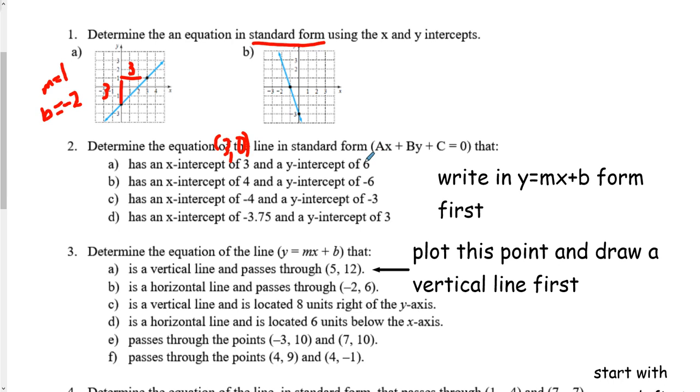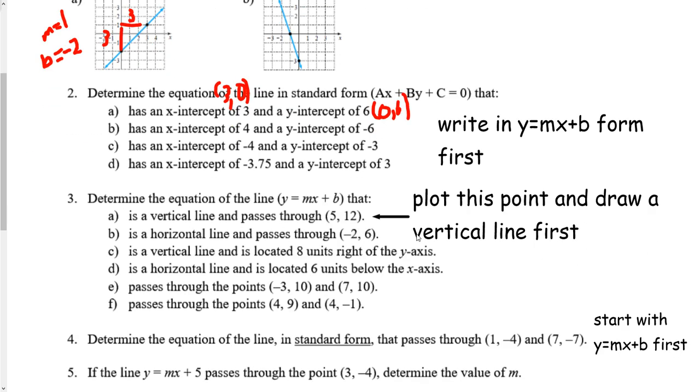So you can write it in this form, because the y-intercept you're given is 6, that's your b. To find your slope, write the second point. A y-intercept of 6 gives you 0 and 6. Now you've got 2 points, and you can use those to find your m, your slope, like I did in the example earlier. This is the method that you're going to use.